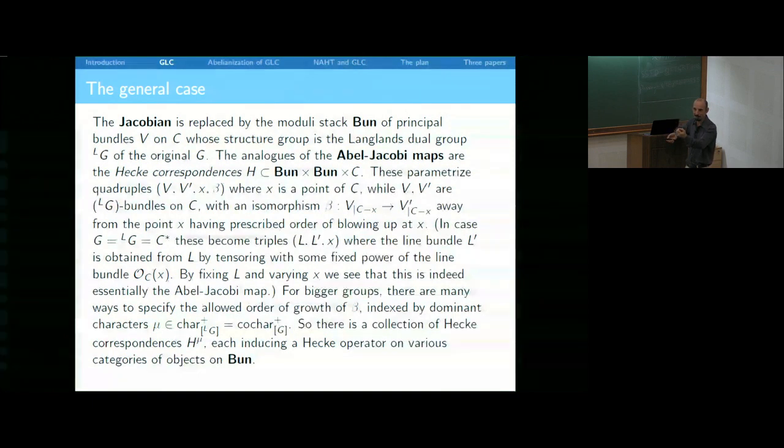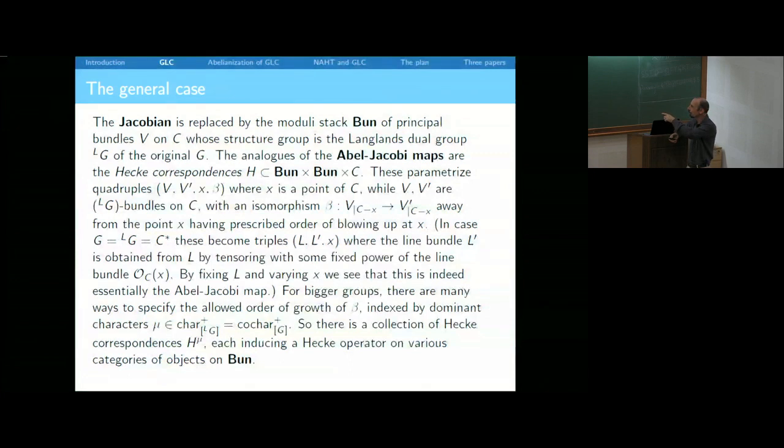It sends a line bundle L to L tensor O of x. And all the others just send it to L tensor O of nx for some non-negative integer n. So in the abelian case, you don't really need to worry about the rest of the cone. It just has one generator, and you're just looking for eigen objects for that generator, for that Hecke operator.